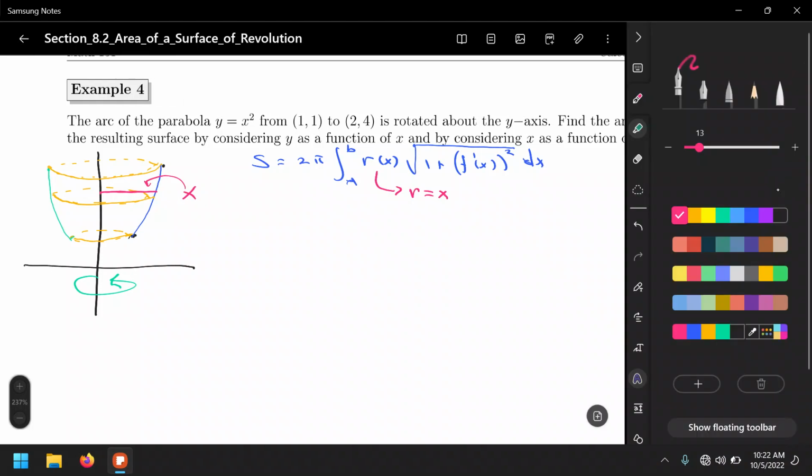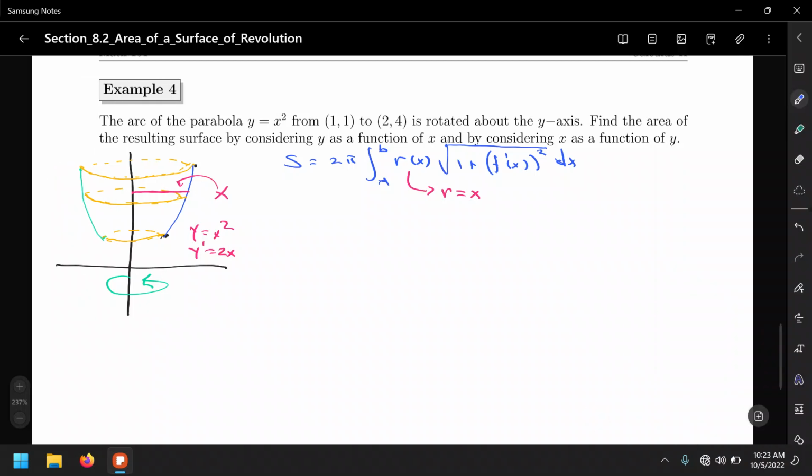x units. Well, we also need to take the derivative of this function. So the derivative of y equals x squared is simply y prime equals 2x. So this will be 2 pi the integral from a to b of r of x, which is just x, times the square root of 1 plus the derivative in x, quantity squared, with respect to x.